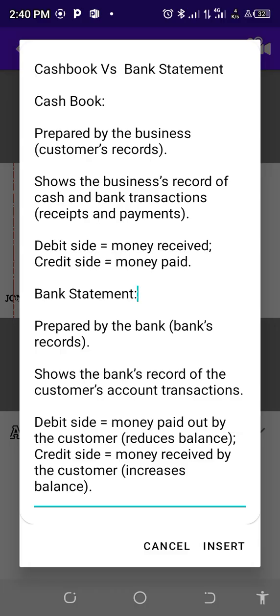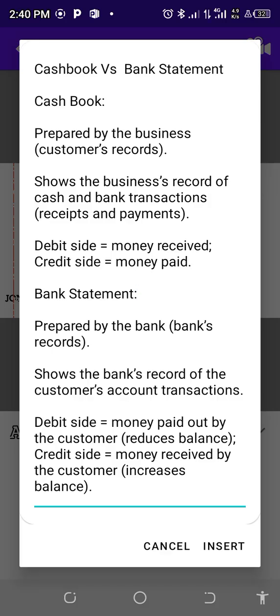How is the bank statement recorded? On the debit side, money paid out by the customer is recorded. That is, the debit side is the reducing side. Then on the credit side, money received by the customer is recorded.